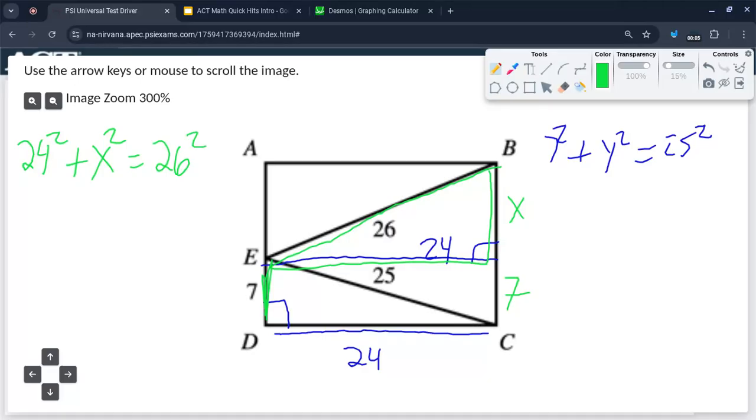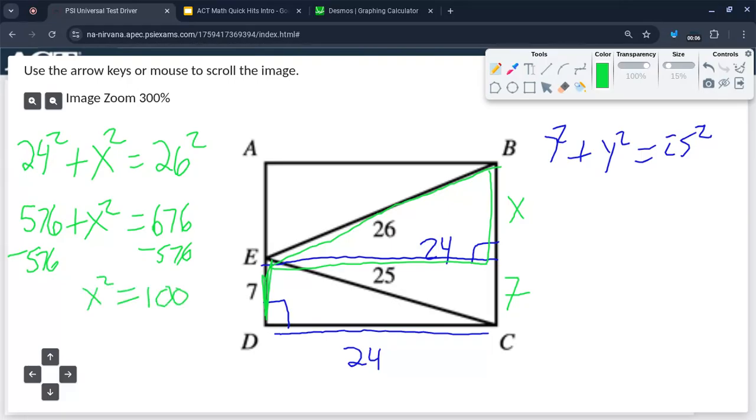If we crunch these numbers, it's kind of annoying because I can't get to my calculator from this zoomed in view, but 24 times 24 is 576, plus x squared, and 26 times 26 is 676. Now I just solve this equation: subtract 576 from both sides, and I end up with x squared equals 100. Then I square root both sides, so x is equal to 10.